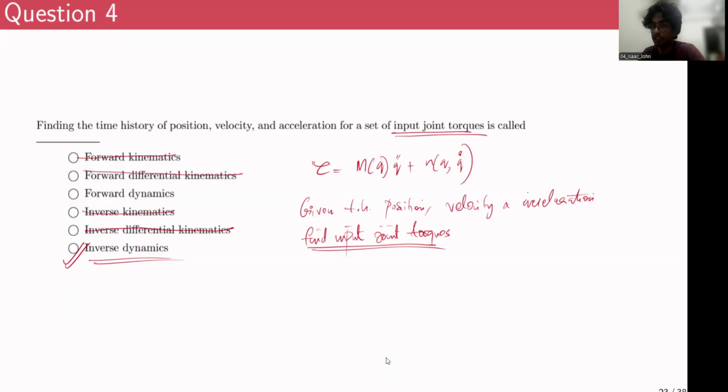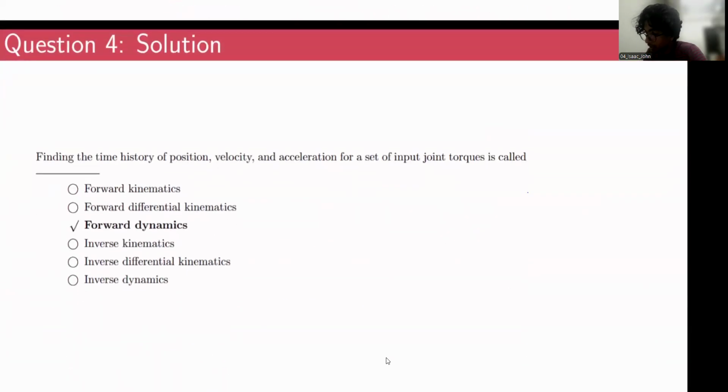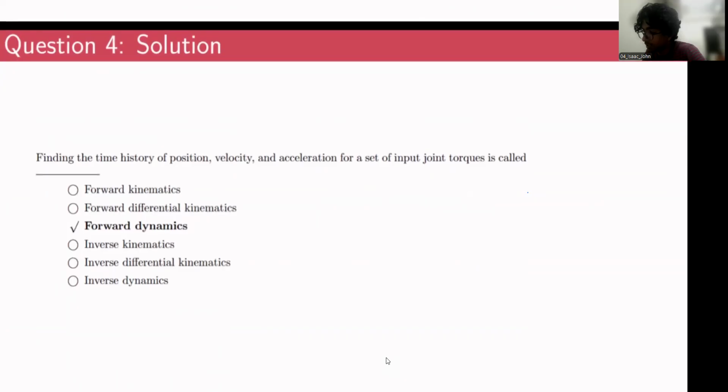But here, if the trajectory is given, finding out the control input is essentially the inverse dynamics problem. I believe we have a wrong answer. The option should be inverse dynamics, not forward dynamics.